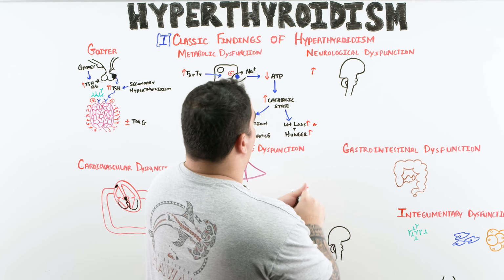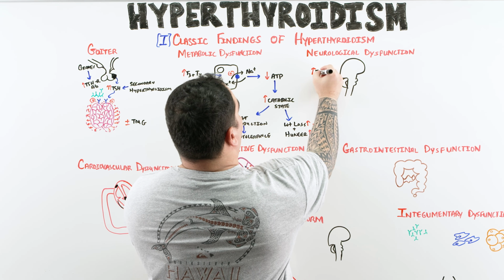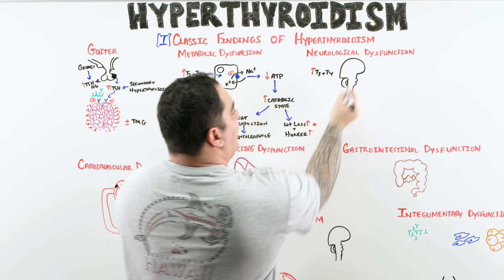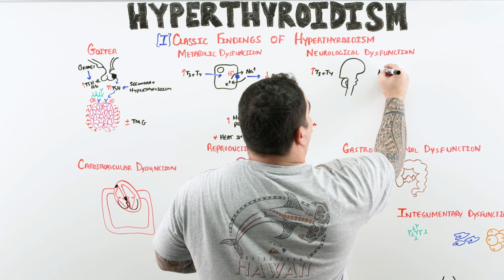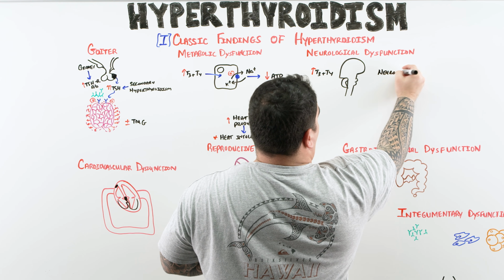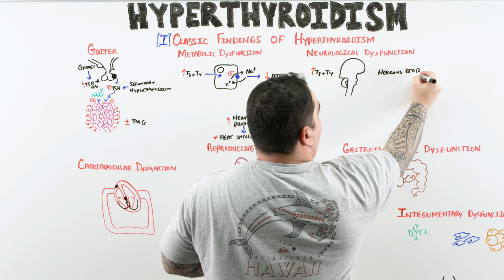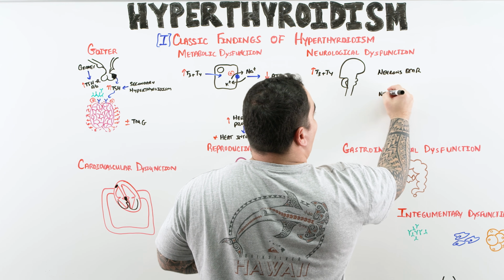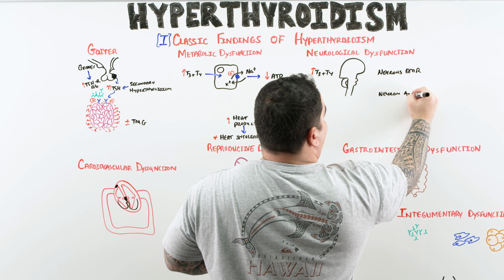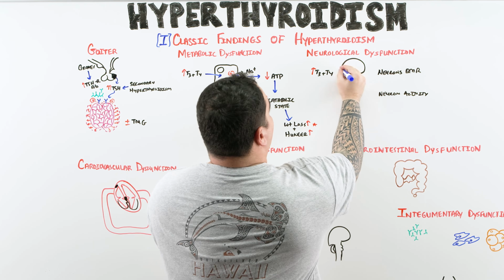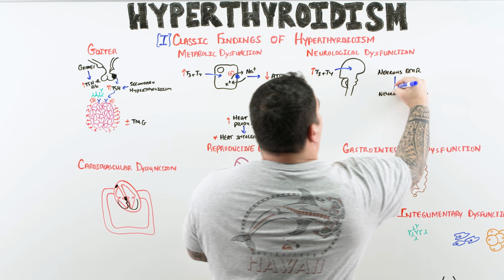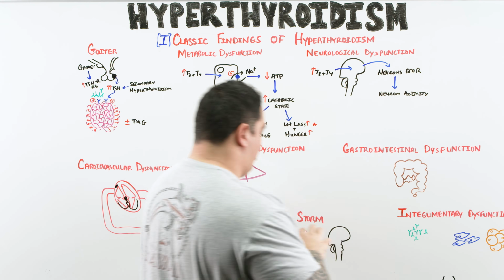If I have increased levels of T3, T4, it's going to act on all the neurons within my CNS. And it's going to increase the neurons' basal metabolic rate. And it's going to cause neuron activity to be through the roof, right? Now these neurons are going to be like, wham! It's going to be firing at hyperdrive.